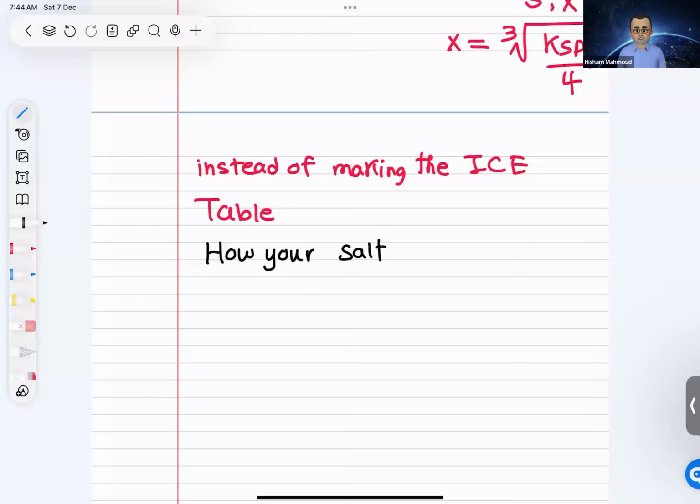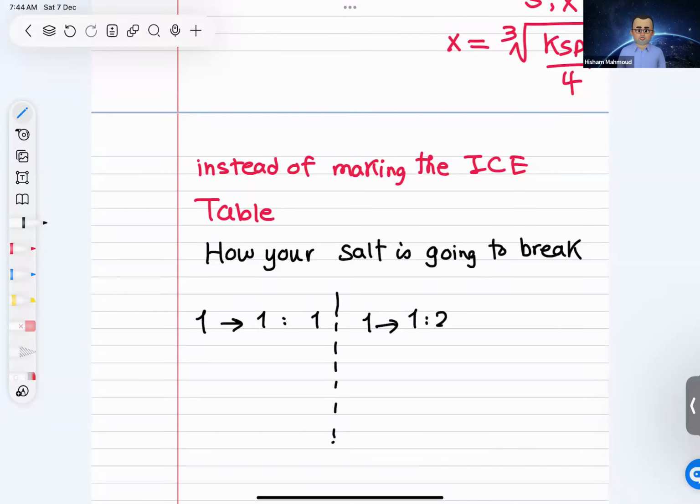If 1 mole breaks into 1 and 1, it is different from if it breaks into 1 and 2, and the third case, if it breaks into 1 and 3.